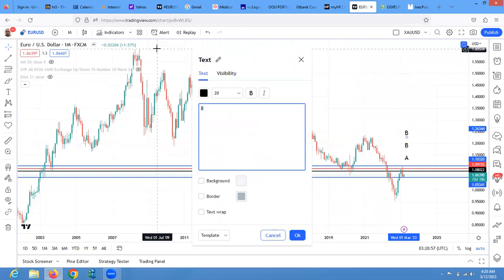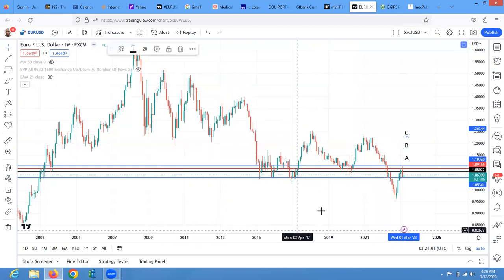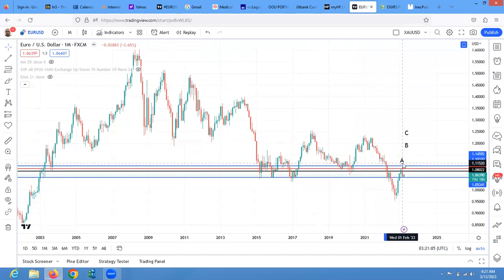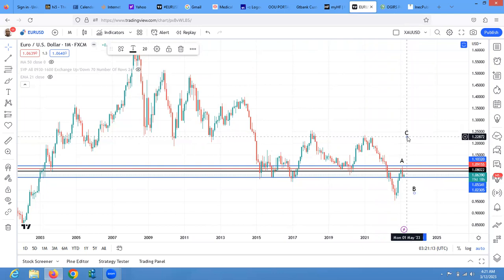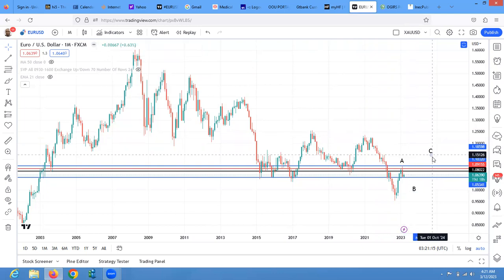So when you know that, then it's pretty much good for you. So we are trying to say that this is A, which has ended. We are doing a B leg, and we are going to see a C leg. And after a C leg is done, so what we are saying in essence is this.